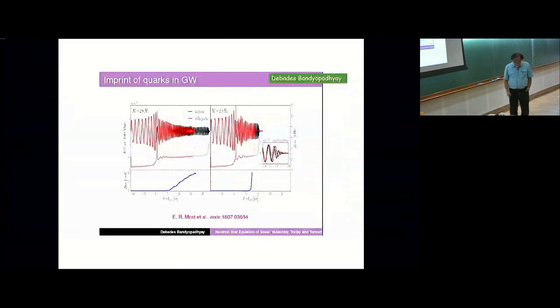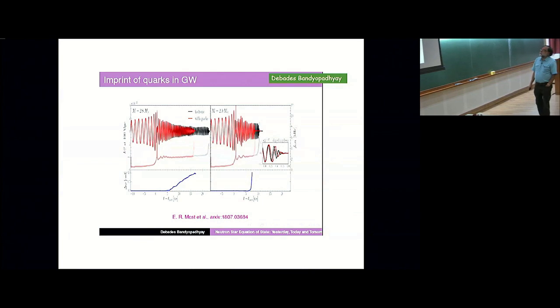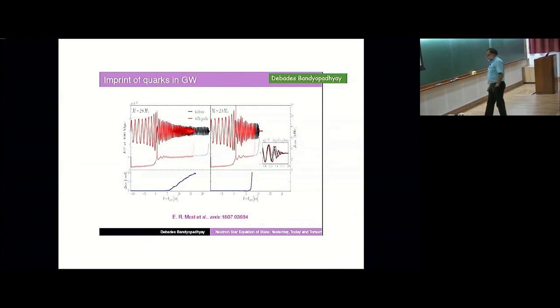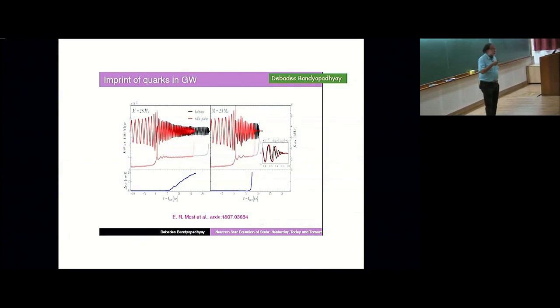I'm going to jump forward a little bit. I'm going to grab another slide. This was talking about looking at quarks in the equation of state possible in neutron stars. Okay, I just grabbed it because it has a pretty illustration, but it points out that there are times when the high frequency performance of these detectors is extremely important.